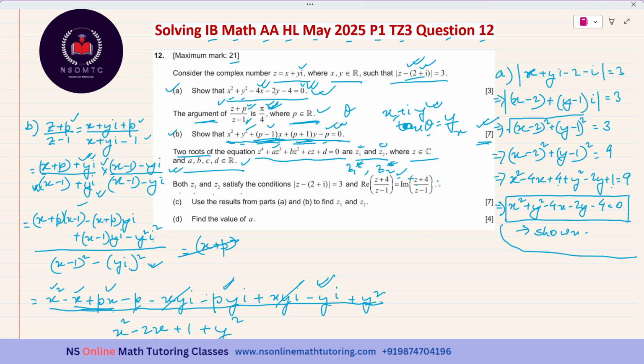Subpart C, again containing 7 marks. Use the results of both from parts A and B, and argument is pi over 4. All these information can be used and should be used to find z1 and z2.